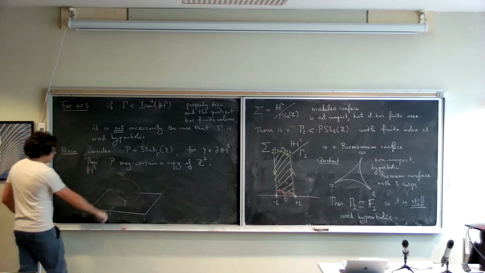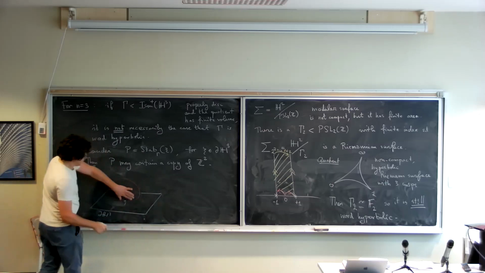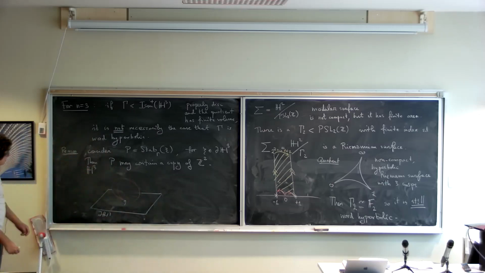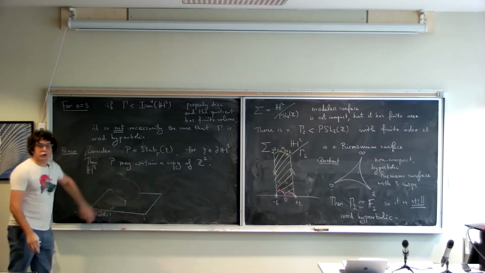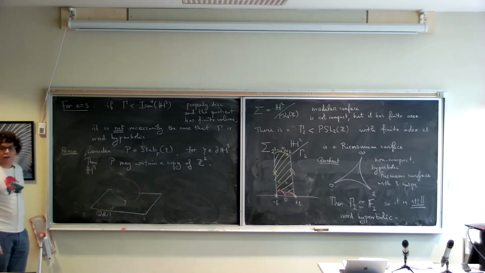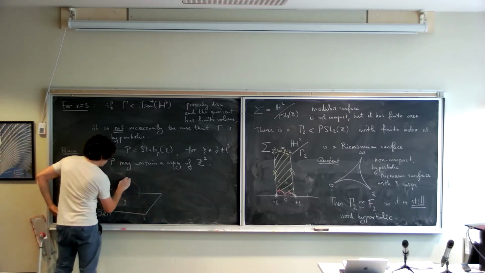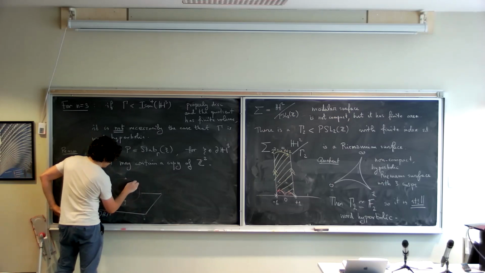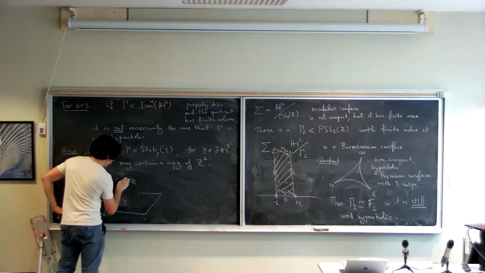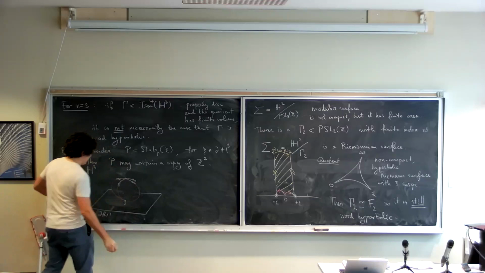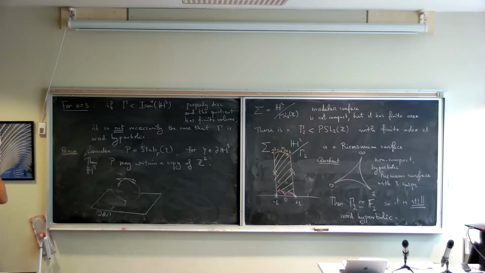Basically the situation is that this horosphere is homeomorphic to R2. It's a two-dimensional surface. And so there are group elements that you can move in two directions.